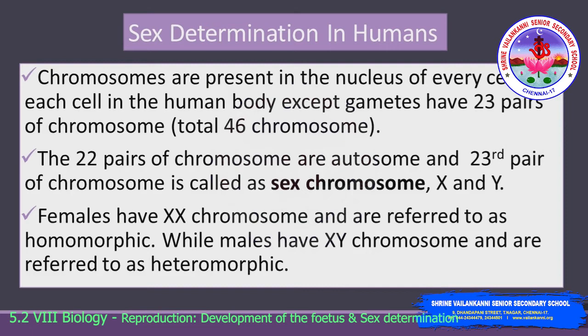The sex chromosomes are labeled as X and Y. Females have XX chromosomes and hence are referred to as homomorphic, while males have XY chromosomes, hence they are referred to as heteromorphic.